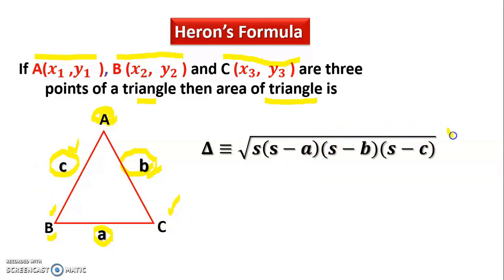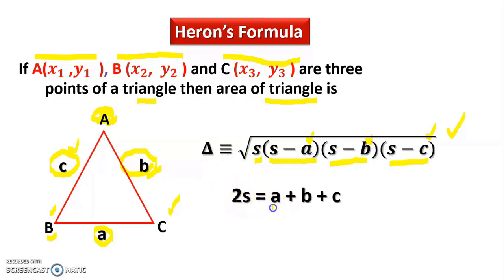Heron's formula is delta equal to the square root of S into S minus a into S minus b into S minus c. Here a, b, c are the lengths of the sides of a triangle. What is the meaning of S? S is the half of the perimeter of the triangle.